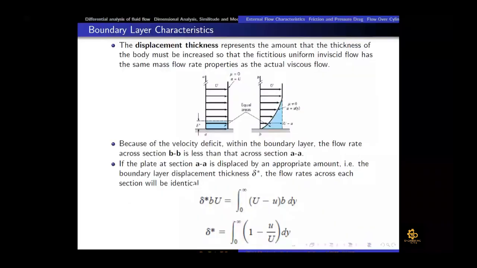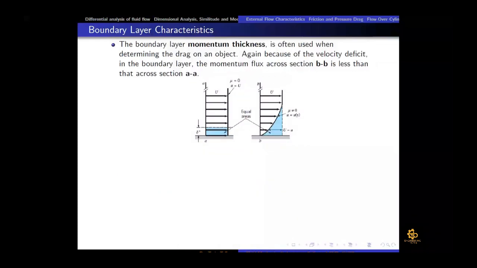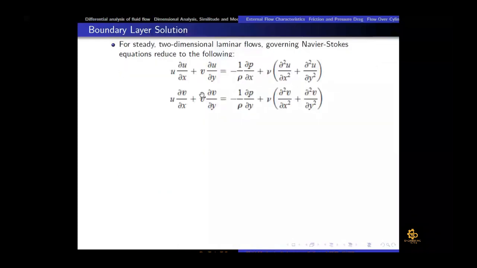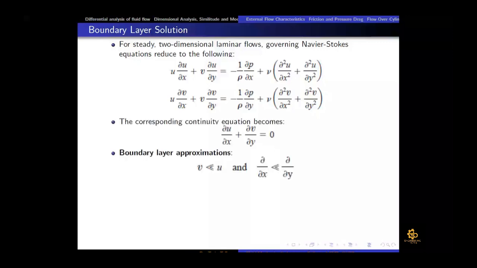So let me show you first of all the Navier-Stokes equation which we derived in chapter number 6. If you remember from chapter number 6, these were the two momentum equations which we derived for the two-dimensional laminar flow, and the continuity equation, we know, partial u by partial x plus partial v by partial y is equal to 0. Now the boundary layer assumptions are that the value of velocity along the flow is far greater than the value of velocity perpendicular to the flow direction.